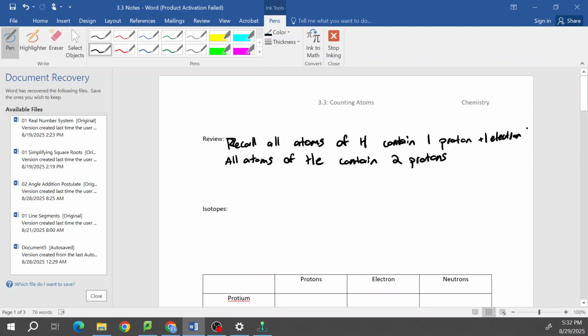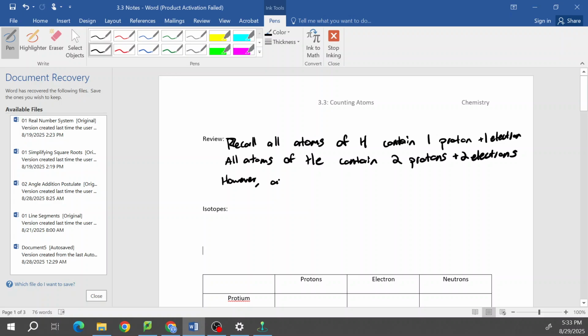Similarly, all atoms of helium contain 2 protons and 2 electrons, because for right now we're dealing with neutral atoms, so the charges have to be equal. If we've got 2 positive charges with the protons, then we've got 2 negative charges with the electrons as well.